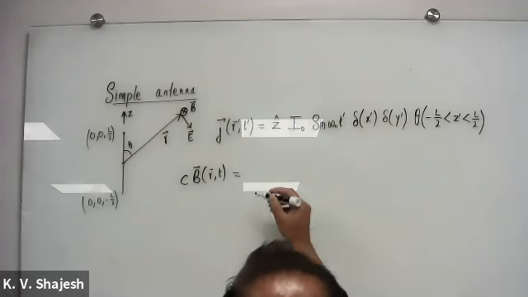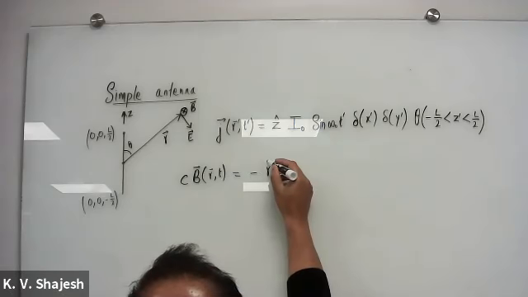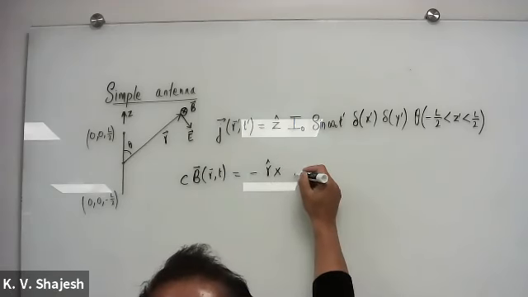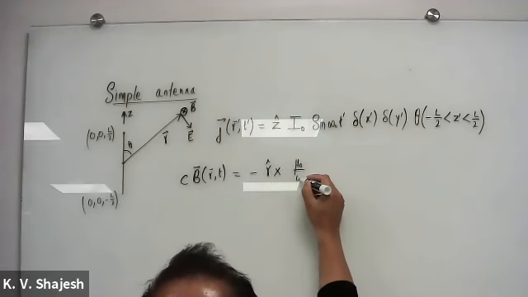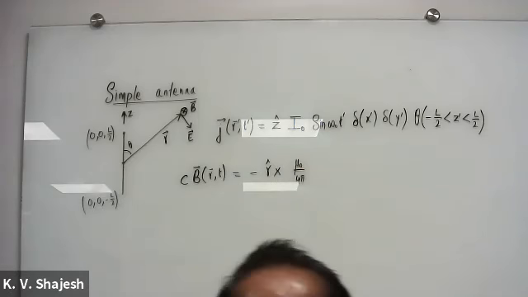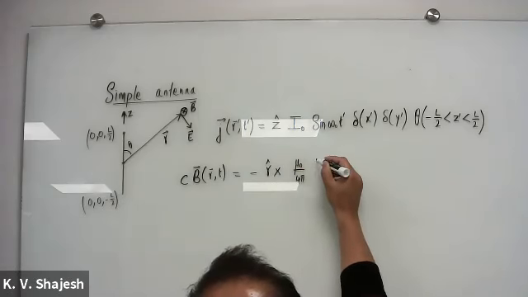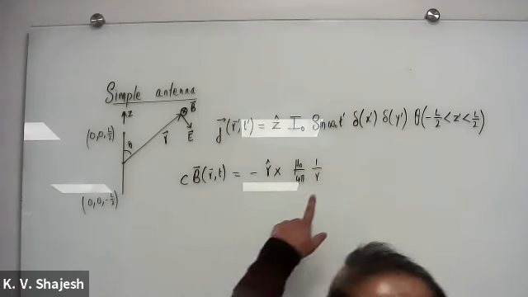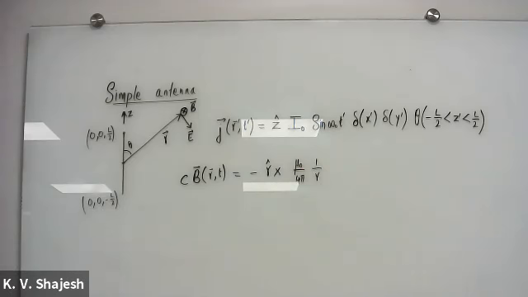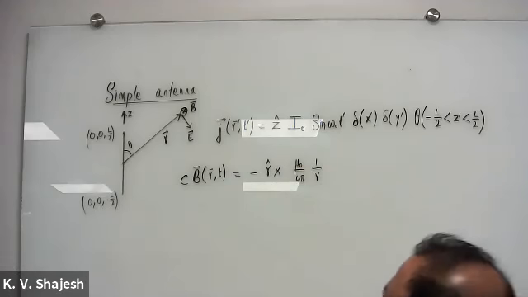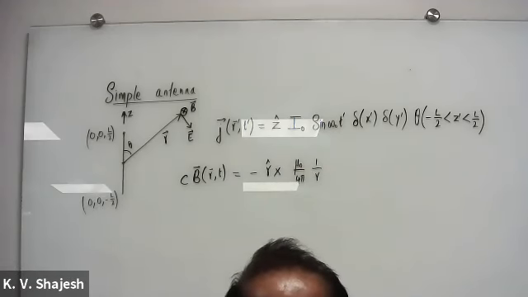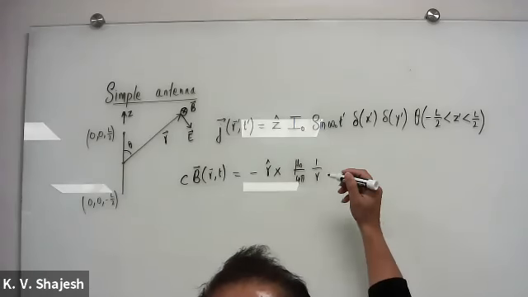That's given as minus R hat crossed with mu naught over 4 pi, and there is a 1 over R. This means that this is a radiation field. Whenever we have a 1 over R dependence in the magnetic field, then you would say that's your radiation field.